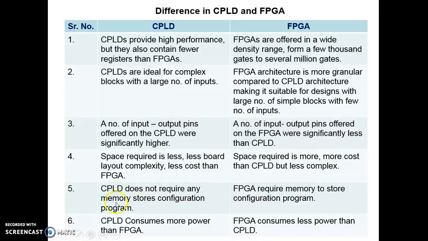CPLD does not require any memory to store the configuration program. FPGA requires memory to store the configuration program. CPLD consumes more power than FPGA. FPGA consumes less power than CPLD.